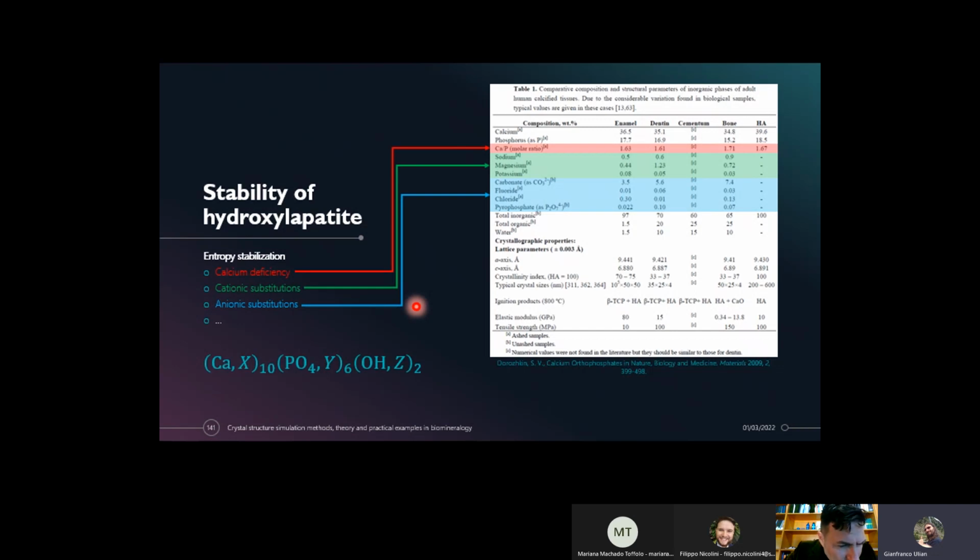The most important anion substituting is the carbonate ion, which enters the structure at 3%, 6%, and 7% in the enamel, dentin, and bone, respectively.